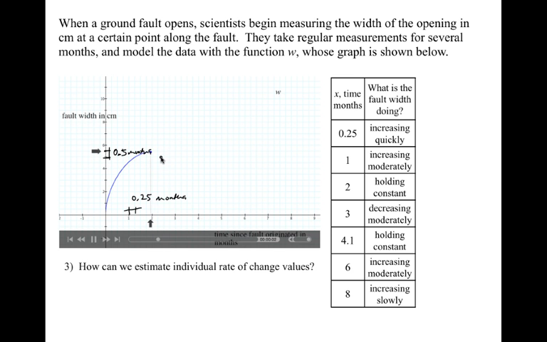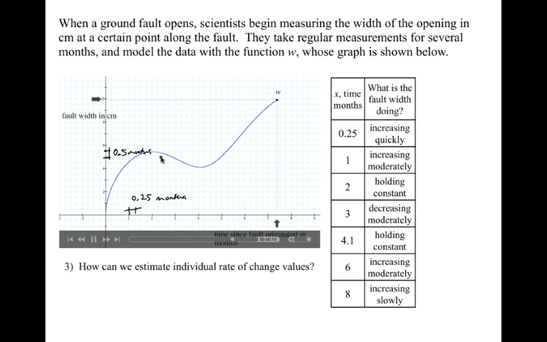Okay, so what did you get for the approximate rate of change at the moment 1 month? 0.25 divided by 0.5. So 1/2. Dakota, so you were next.